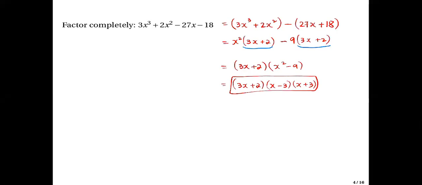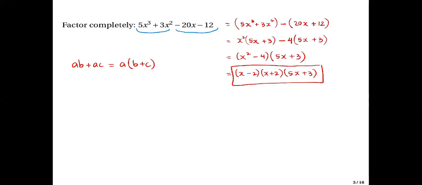Notice that in this solution, I put this common factor on the left side of x squared minus 9. In the other expression, I put the common factor on the right side of the other terms. It doesn't matter whether you put it on the left or on the right; you still get the correct answer.